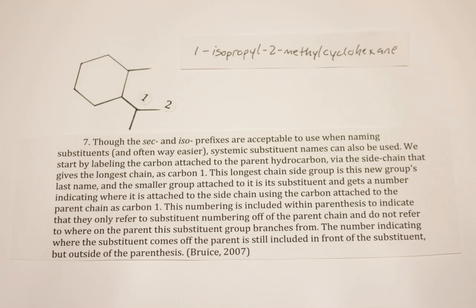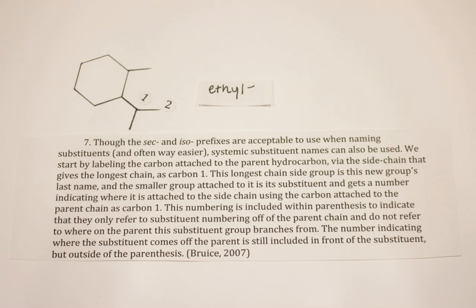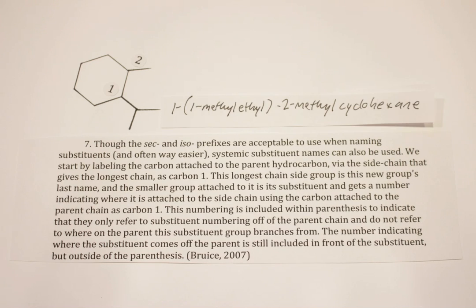Now, if we're going to label this substituent systematically, we're going to start by labeling the carbon attached to the parent hydrocarbon, starting at the parent hydrocarbon with 1. You find the longest chain side group. This is the new group's last name. The smaller group attached to it is its substituent and gets a number indicating where it's attached to the side chain, using the carbon attached to the parent chain as carbon 1.